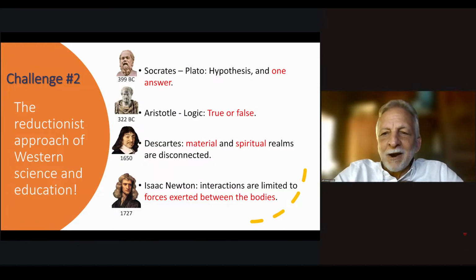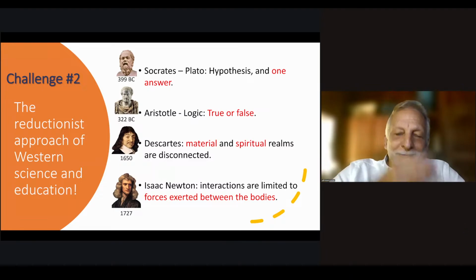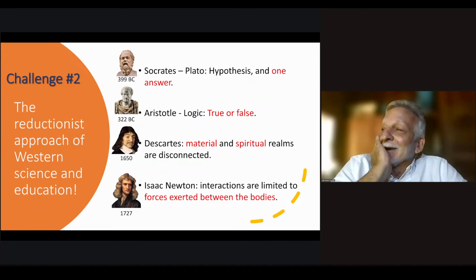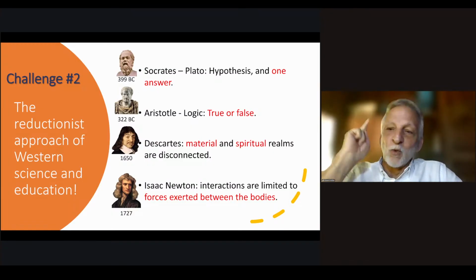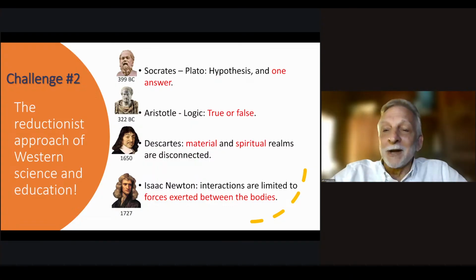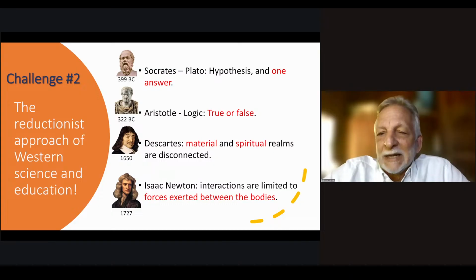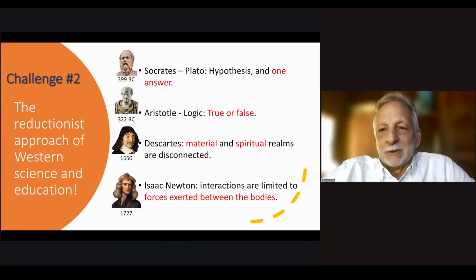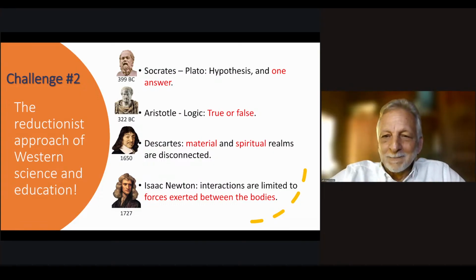Our universities are set up in a way that they cannot function. And this came from the Greeks. When I was studying, I heard my statistics professor say, you need to decide one question, the hypothesis, and one answer. And I used to tell them, look, there are 100 questions and 100 answers, and they're all correct. In nature, 1 + 1 can be 20. Oh, that's not possible. It's true or false.